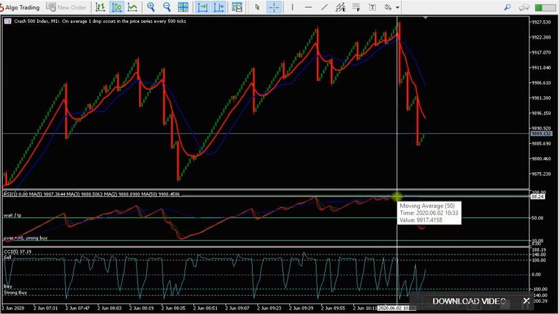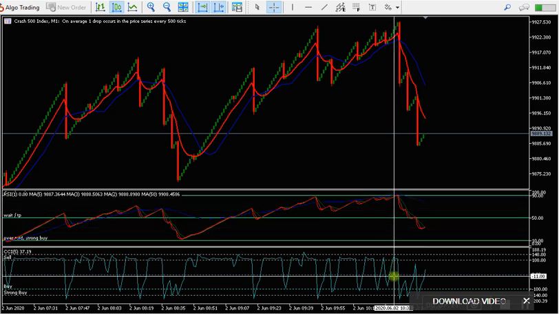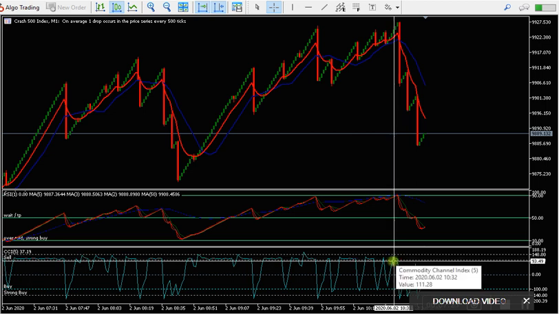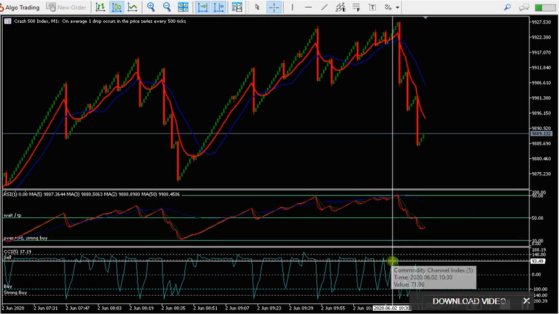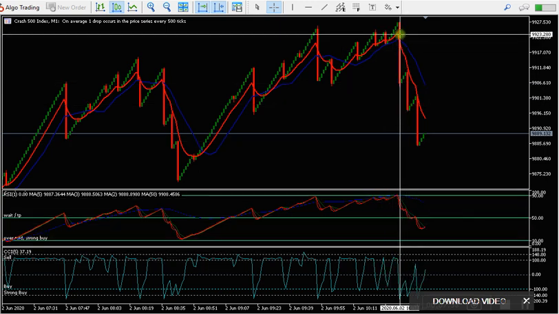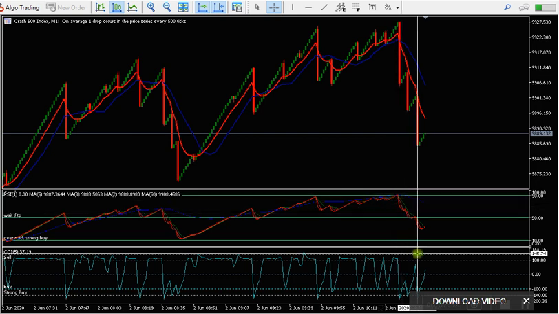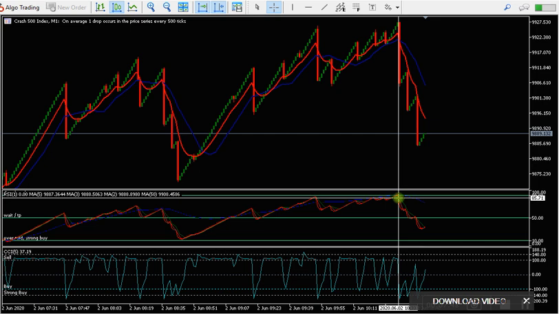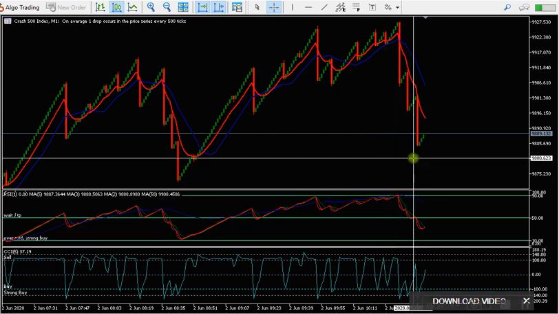So this was the first indication that it's about to go down, and then here was the second indication that it's about to go down again. So when you have got these two conditions here, then it simply means that it's about to come down, and there it actually came down below there. So this is how you would actually read the chart there.